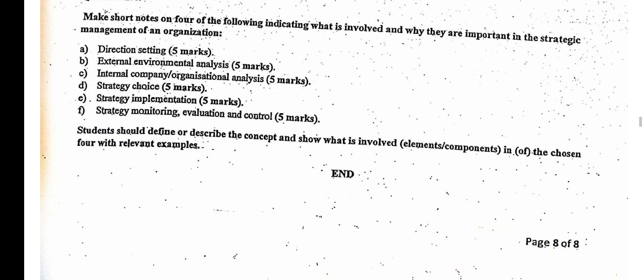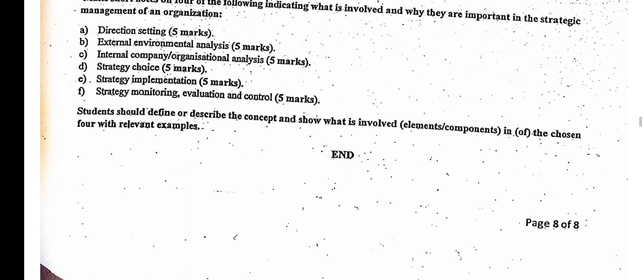Then strategy choice, you define what strategy choice is, and then you define the different approaches, the generic approaches to strategy choice. We have Glueck, we have Philip Kotler, we have Ansoff, there are very many. Then strategy implementation, you define what it is.